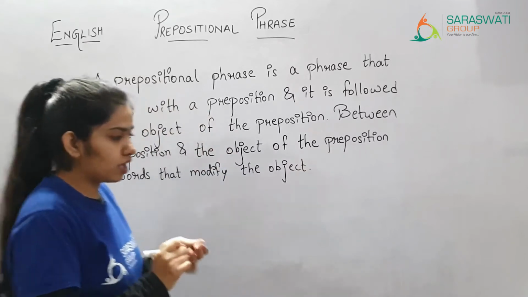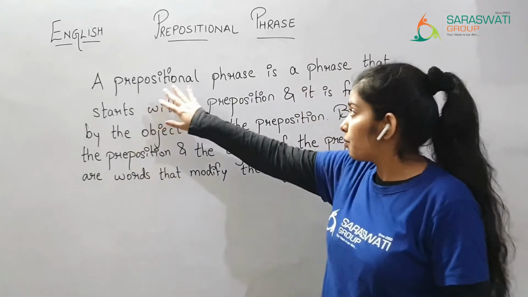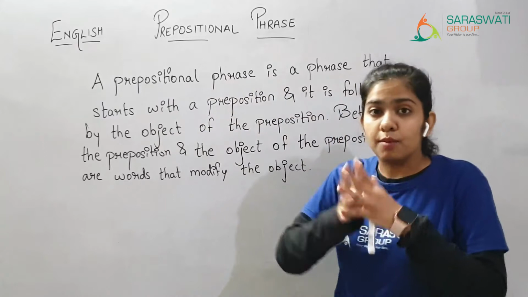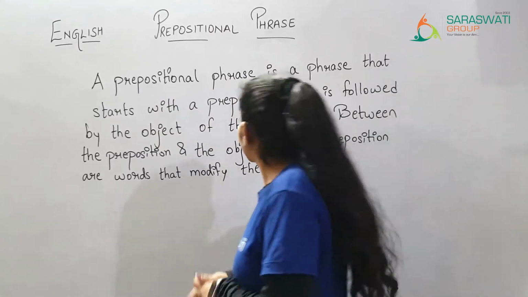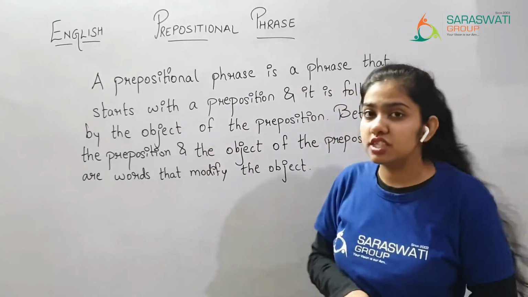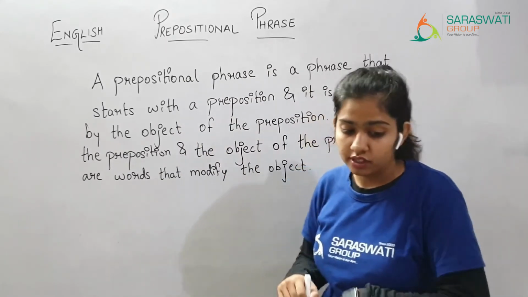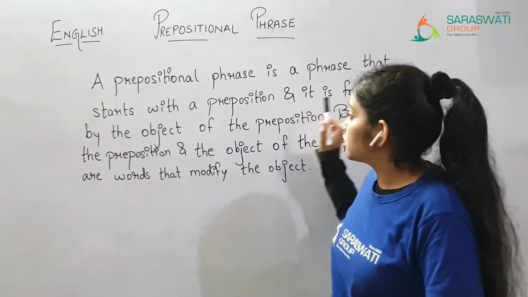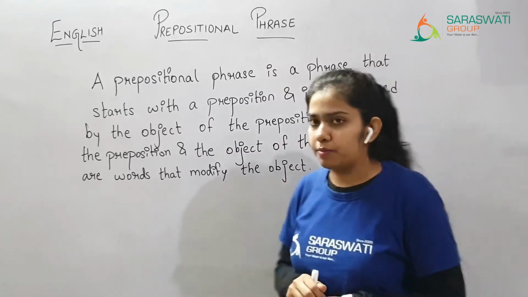Okay? So here what it is saying is that a prepositional phrase is a phrase that starts with a preposition. It always starts with a preposition, followed by the object of the preposition.